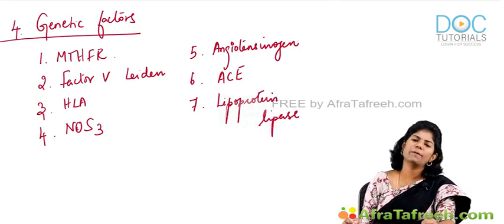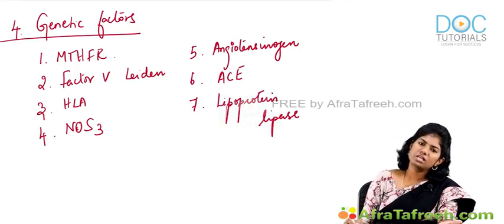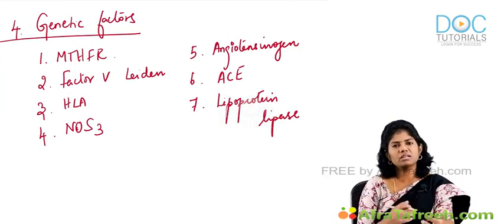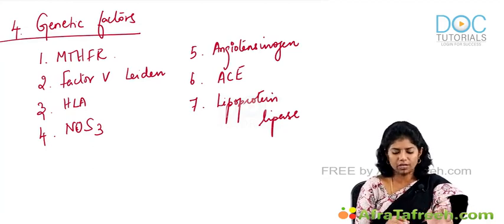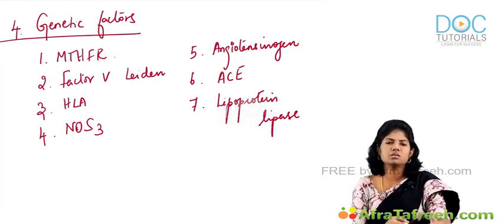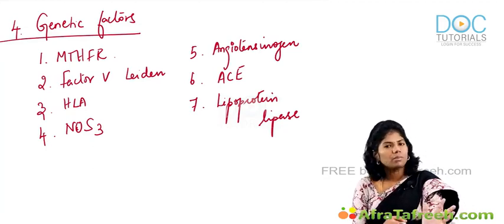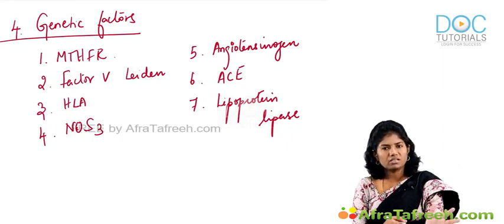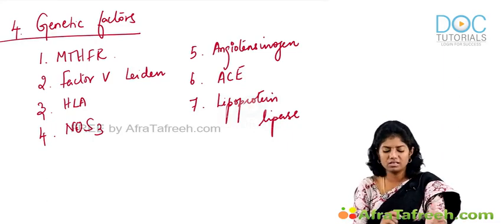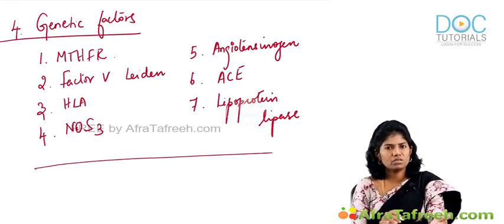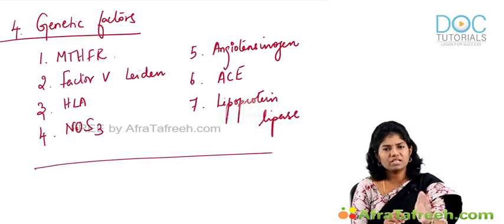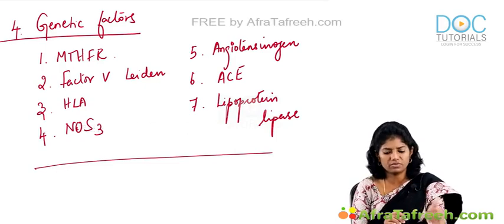So whatever we are discussing now may sound theoretical for you, but AIIMS aspirants, please understand that these are some target areas where new questions might come from. So what are the genes involved? Methylene tetrahydrofolate reductase gene, factor 5 Leiden mutation, HLA, ACE and angiotensinogen, nitric oxide synthase and lipoprotein lipase. These are the genes involved in the pathogenesis of preeclampsia, and preeclampsia definitely has a genetic predisposition.